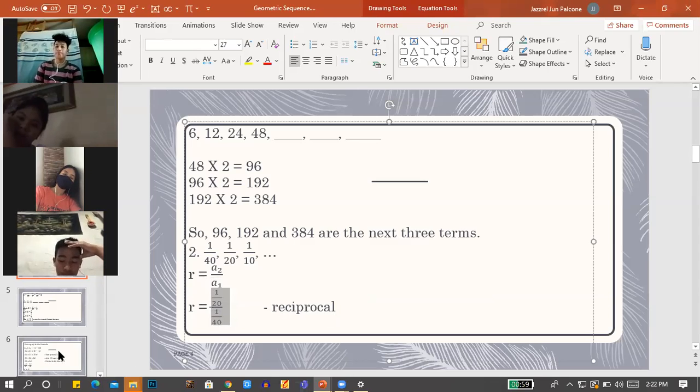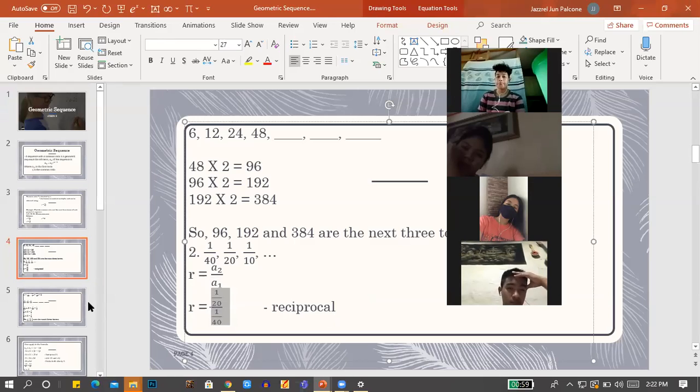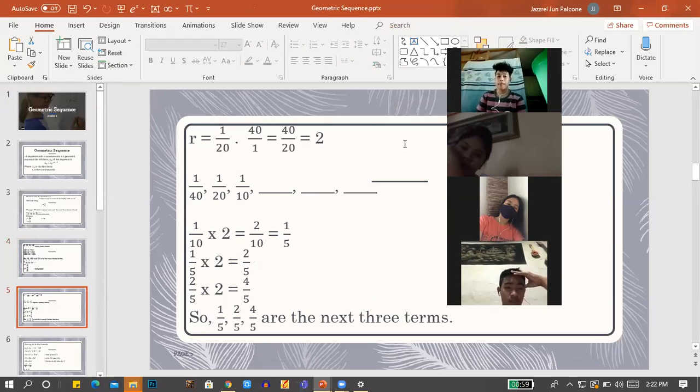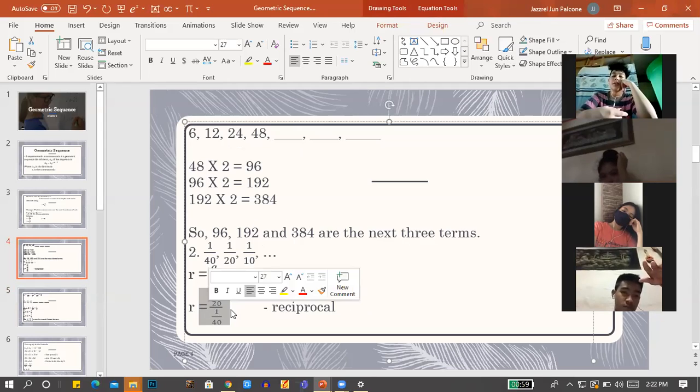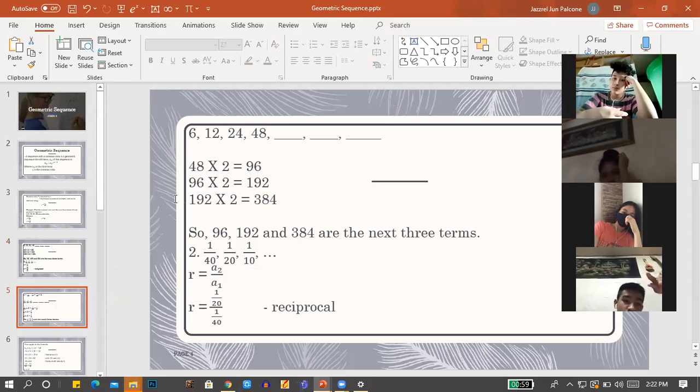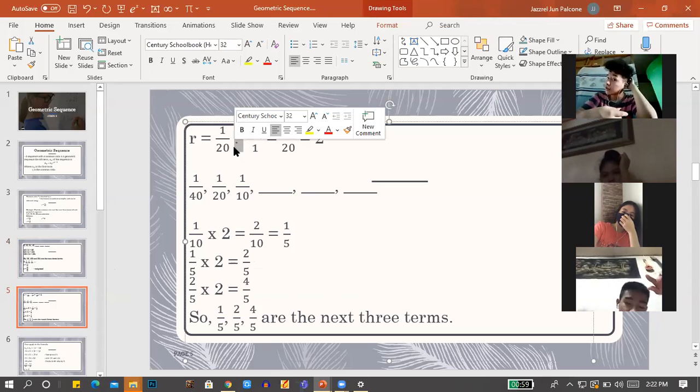Okay? So bali in our next slide, you will see that R is equals to 1 over 20 times 40 over 1. And then yung division kanina, hindi na siya ngayon division, kundi multiplication after mo mag-reciprocal.